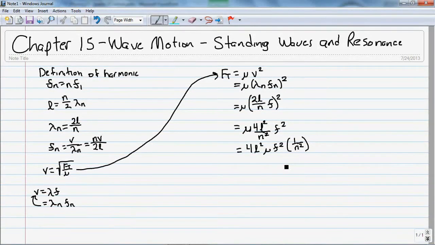Now this formula is interesting because it relates the n squared value, actually 1 over n squared, to the force of tension. But L, mu, and frequency are constants. And actually this should be the frequency of the nth harmonic.